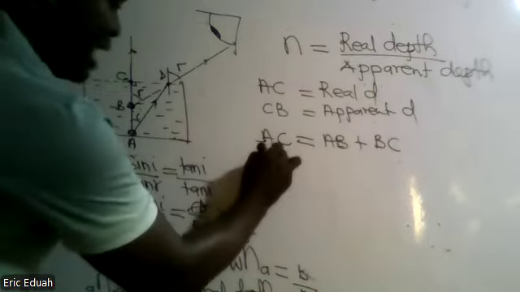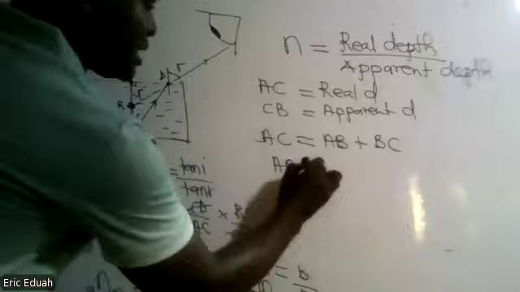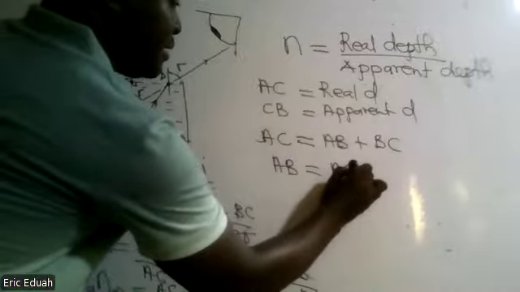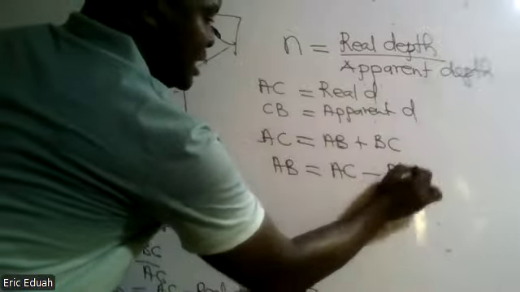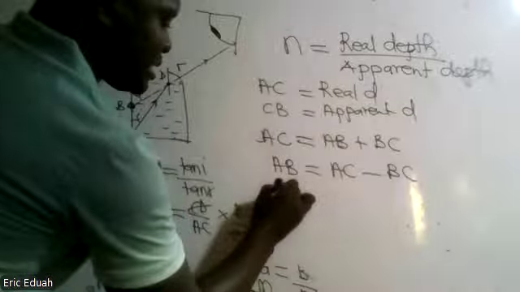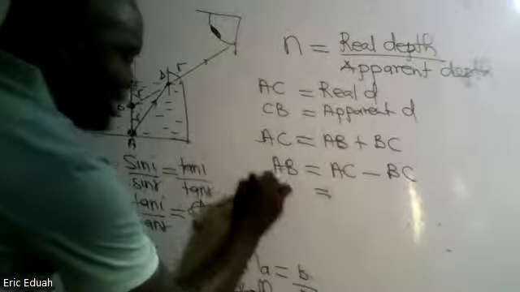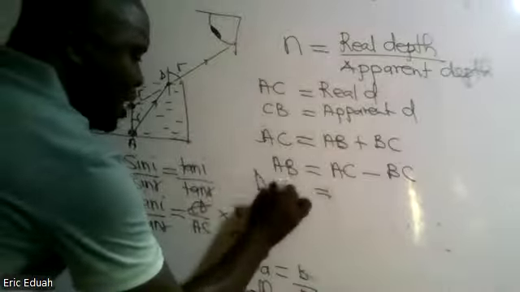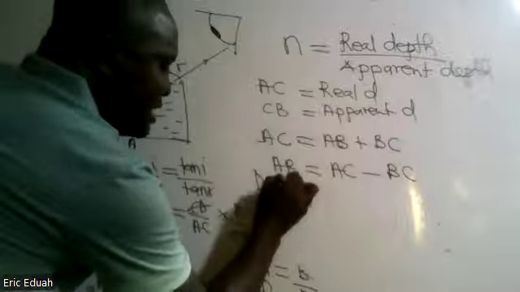So it means that AB, which is equal to AC minus BC, this measure AB is what we call the displacement. The displacement, how the object is displaced.